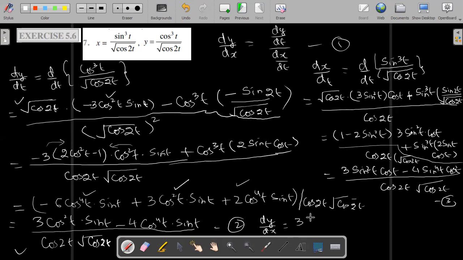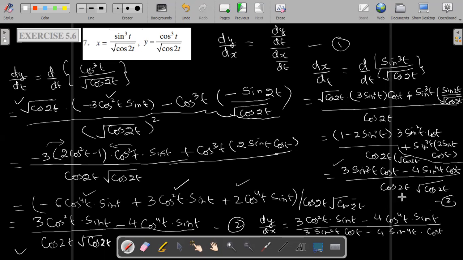So we can write 3 cos square t sin t minus 4 cos raised to power 4 t sin t, divided by this value 3 sin square t cos t minus 4 sin raised to power 4 t cos t. But this is not the answer.